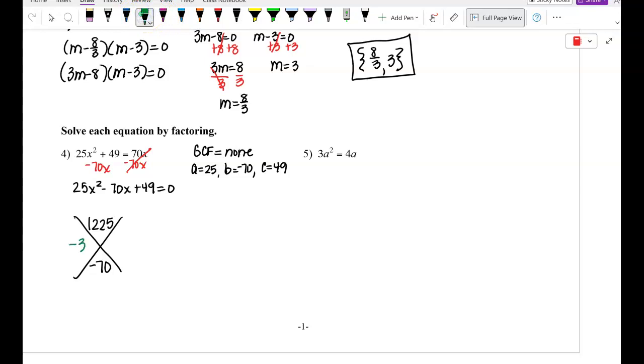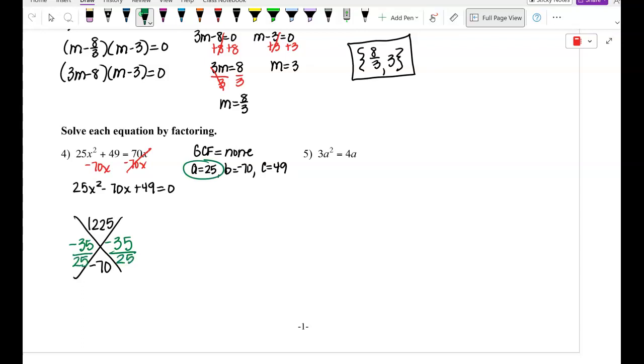So both factors are negative 35. Negative 35 times negative 35 gives us 1,225 and adds up to negative 70. Now, we do have our GCF here, that is 25, so we need to divide by 25.